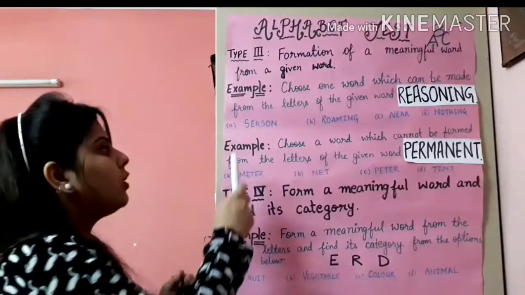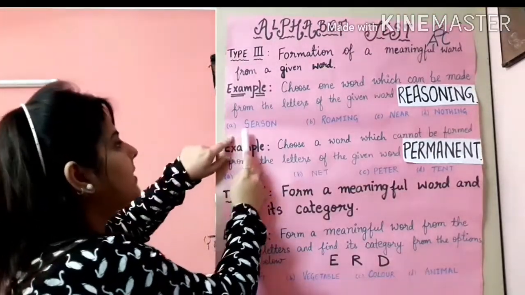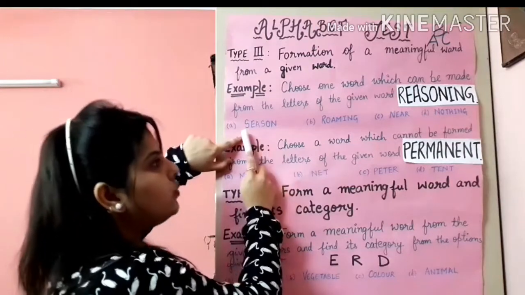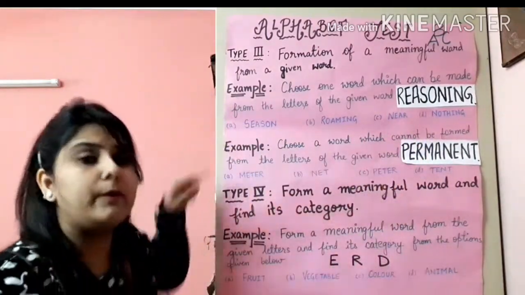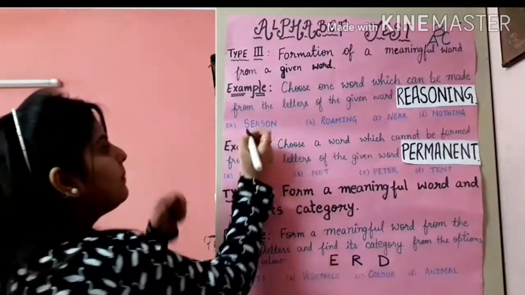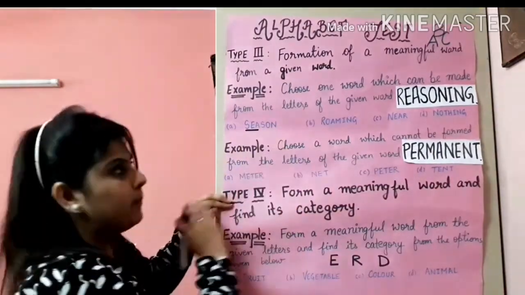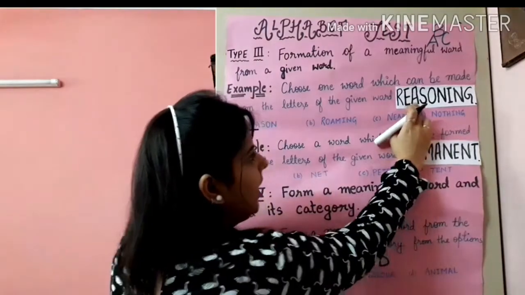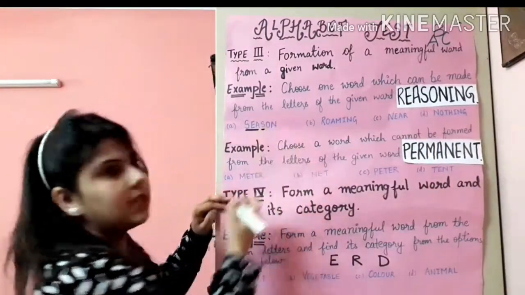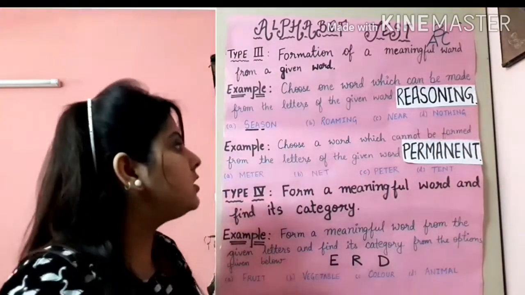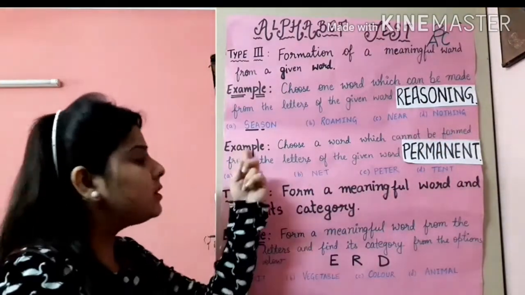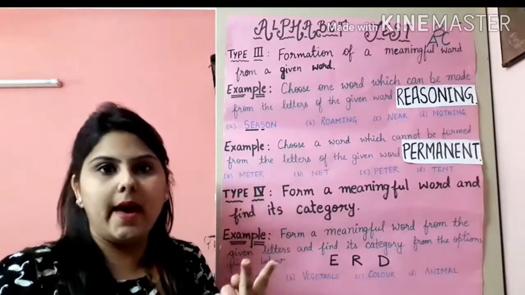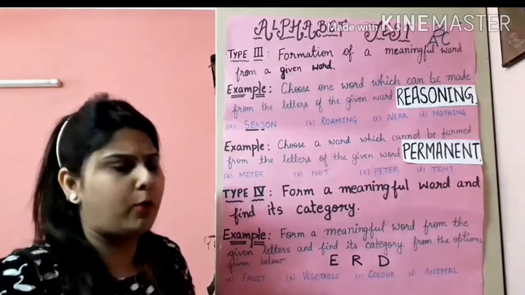Looking at option 1, that is season. Can you form season? No. But why not? Because S-E-A is here, but the second S is not, because we have been given only one S, and in this word we are using two S. So this is not possible.